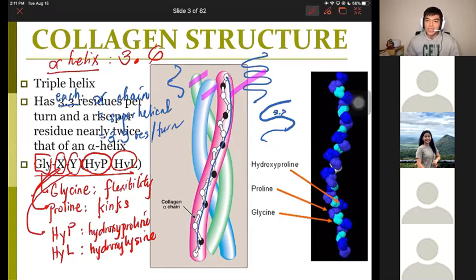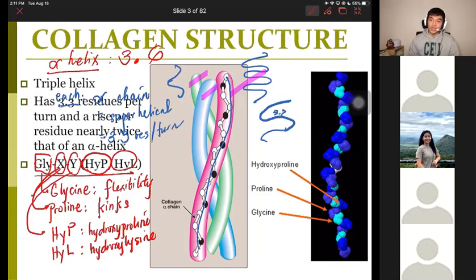Question, based on your knowledge on lesson 1, are these amino acids standard or derived? Derived. Pag sinabing derived, kasali ba sa 20 o galing sa 20? Galing.